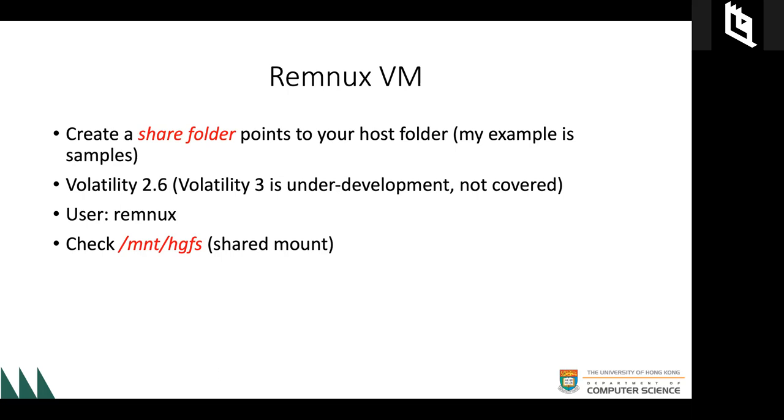The major change in Volatility 3 is that when you download it and run it, it will go to the Microsoft Windows symbol server to download the latest symbols when it is analyzing the memory dump.